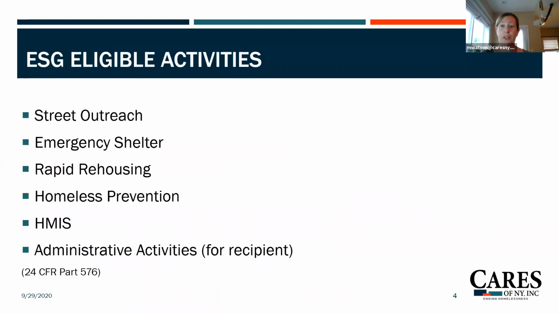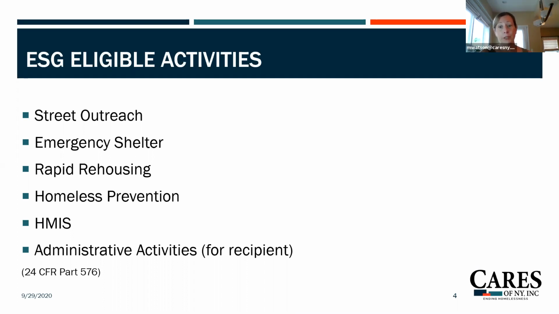As a refresher, on this slide, you see the ESG eligible activities. The first is street outreach, which includes reaching out to unsheltered homeless individuals and families, connecting them with emergency shelter, housing, or critical services, and providing them with urgent non-facility-based care. The second is emergency shelter, which includes renovation, essential services, and operations. The third eligible activity is rapid rehousing.